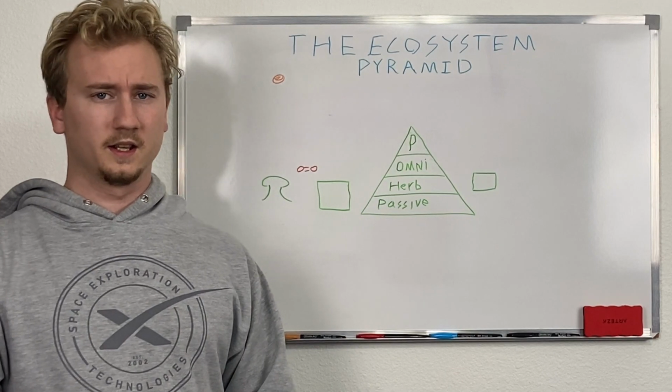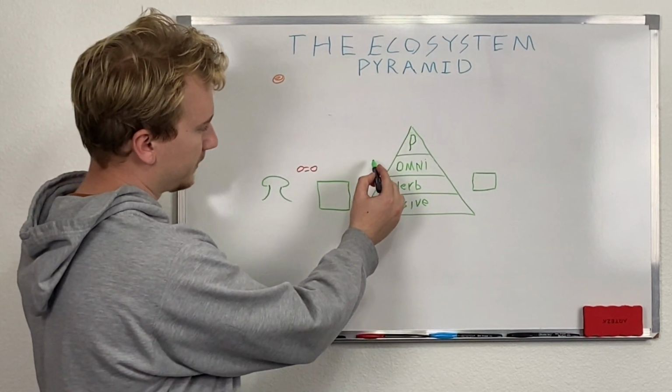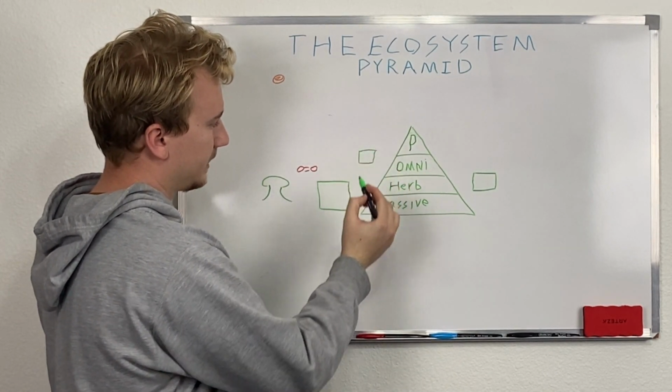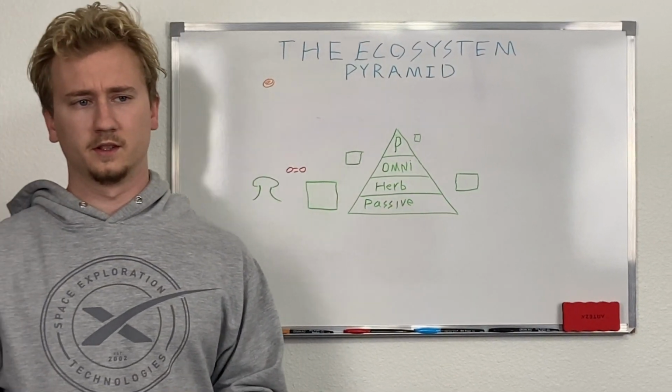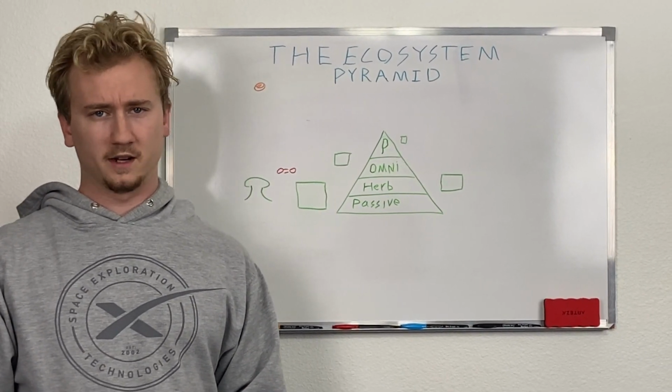And then after that would be the omnivores, the next step. And then predators. Predators comprise the smallest size in terms of biomass.